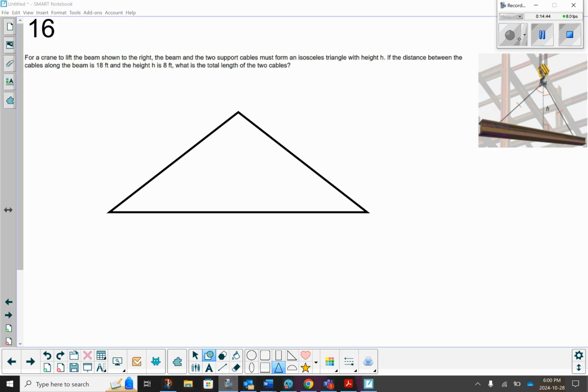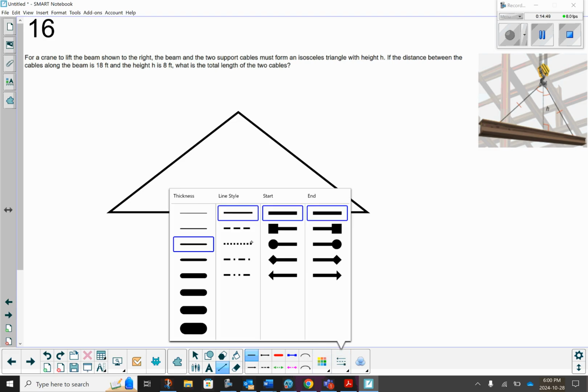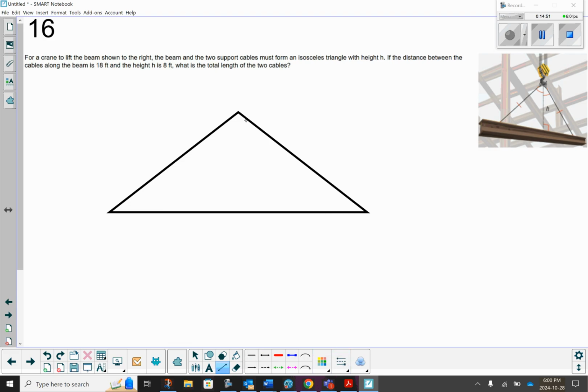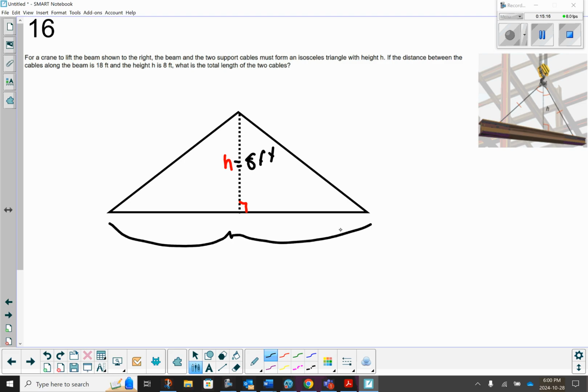So I'm just going to approximate an isosceles triangle here. And then put in the height. Again, the height always has to be measured so it's perpendicular to one side. In this case, we're told that the height is 8 feet. And the distance between the cables along the beam is 18 feet.